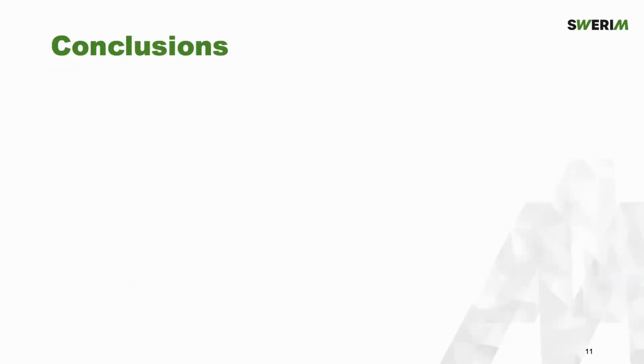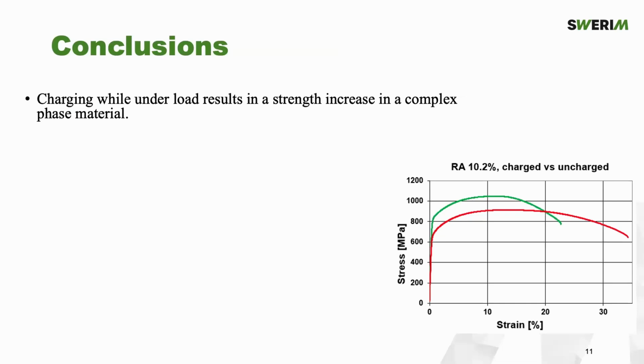So some conclusions. While charging, one thing that we could see is an increase in the strength of the material, while we also have a decrease in the strain, or the possible elongation of the samples. So we have significant changes in the material behavior.